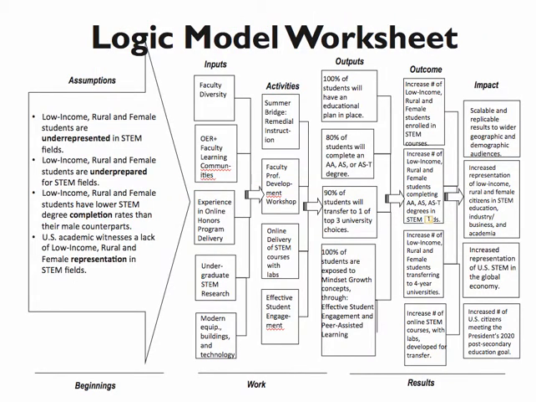Give you just a quick example here for your thinking this week and highlighting. This is a grant to a First in World competition to increase the low income, female, and rural students' participation in STEM fields.